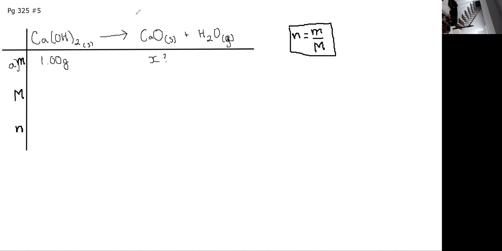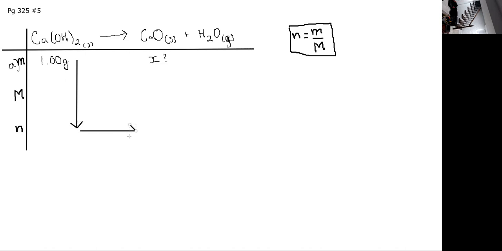What you really want to do at this point in time is try to get into the groove of calculating the number of moles for every single situation. That is the only way you can go from one section of this equation to another.